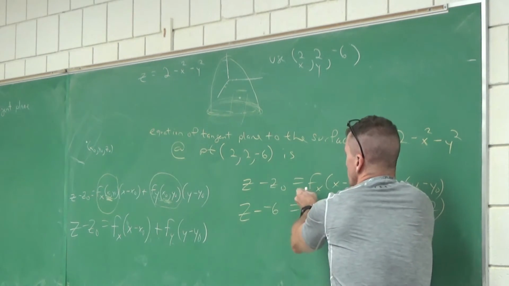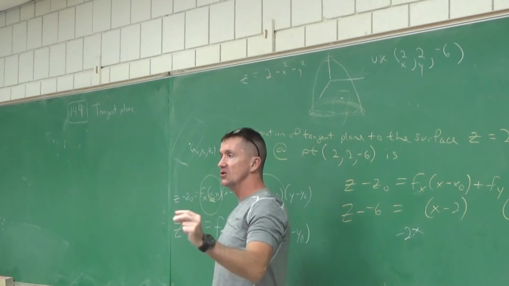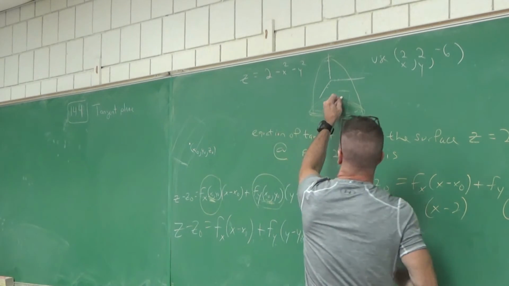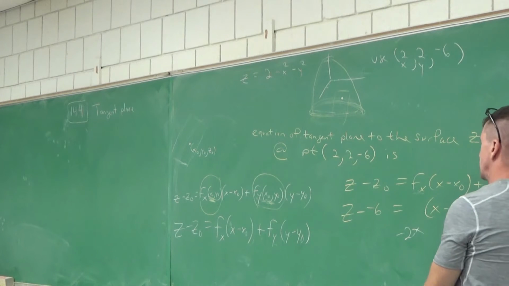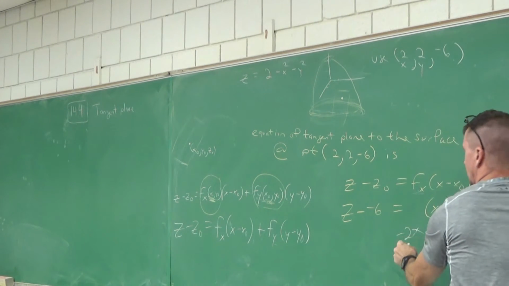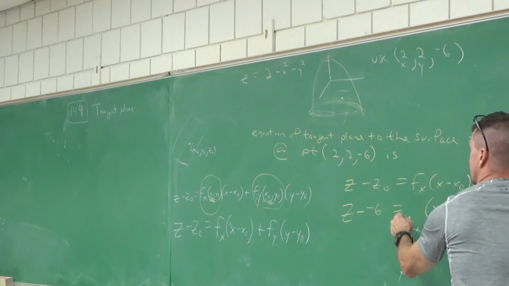We really have to substitute the point. You're getting the slope at some point on that surface, so you do have to plug the point into the slope. What's the partial of f with respect to x evaluated at the point (2, 2, negative 6)? At x equal to 2, what do you get? Negative 4.